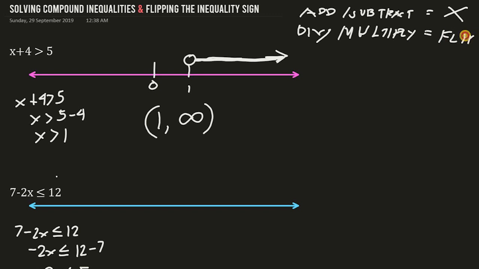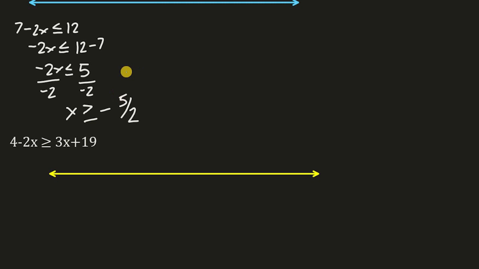Mababaliktad ang ating inequality sign. Like what happened here, since we divided negative 2 dito sa ating inequality, nabaliktad yung lesser naging greater than. Magkikerry pa rin yung equal sign sa baba. So, here's the answer. X is greater or equal to negative 5 over 2.